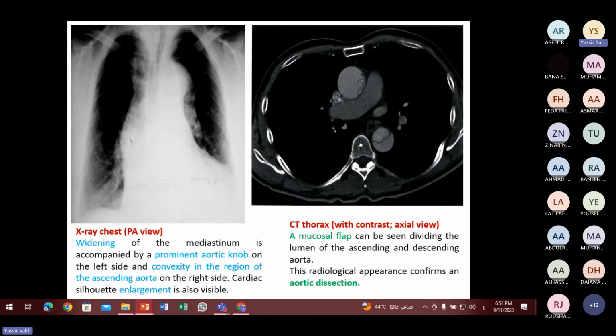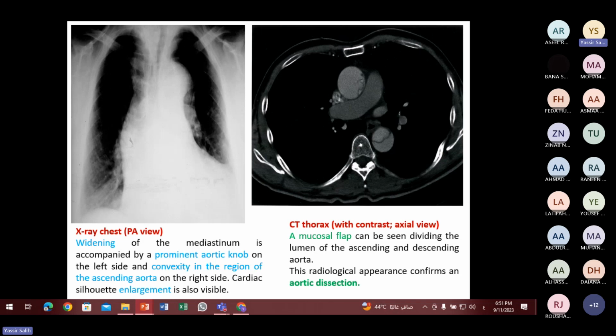There are many differential diagnoses of widening of the mediastinum; aortic dissection is one of the causes, but chest X-ray is not sensitive.